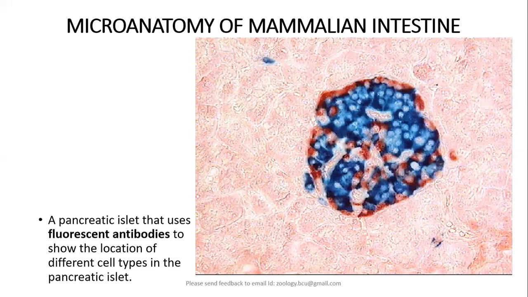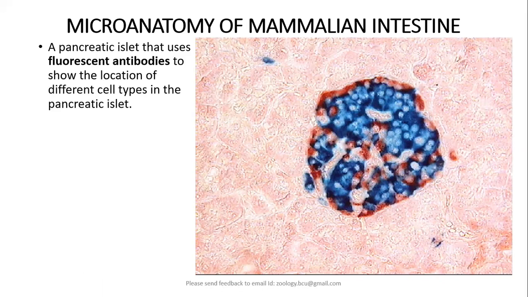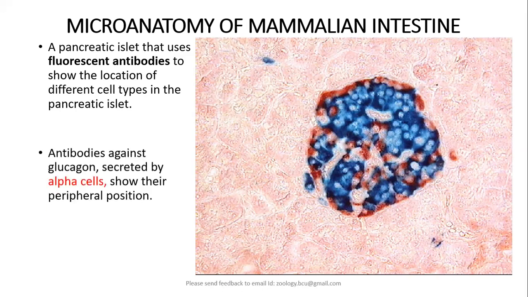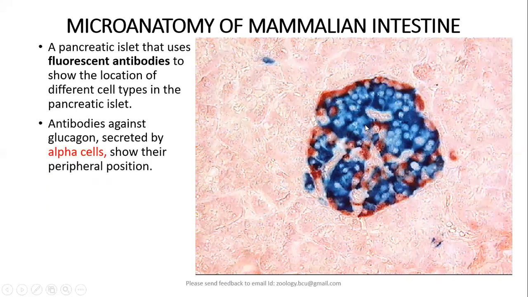So here in this picture, we will be able to see the various types of cells like alpha and beta cells. This picture is developed by treating the section of pancreas with fluorescent antibodies to show the location of the different types of cells in the pancreatic islets.